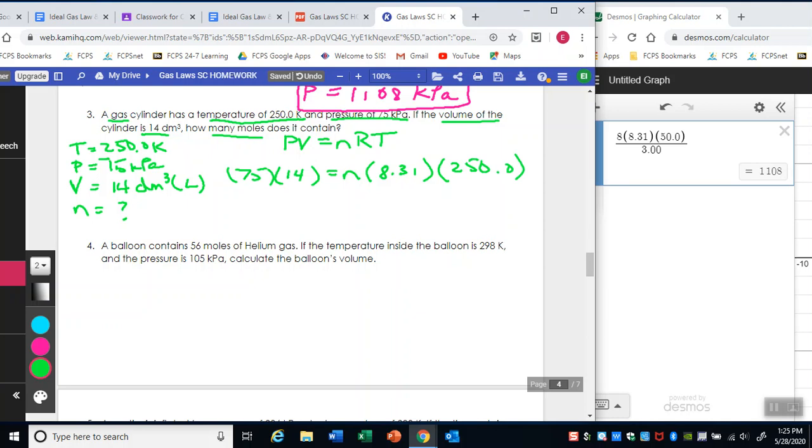Okay. So I want N by itself. So I want to get rid of the 8.31. So I've got to do that on both sides, 8.31. I also want to get rid of the 250. Now these are multiplied together. So this 8 times 250, that's a number, and I'm dividing by that same number. So those go away, but I've got to do that on both sides.